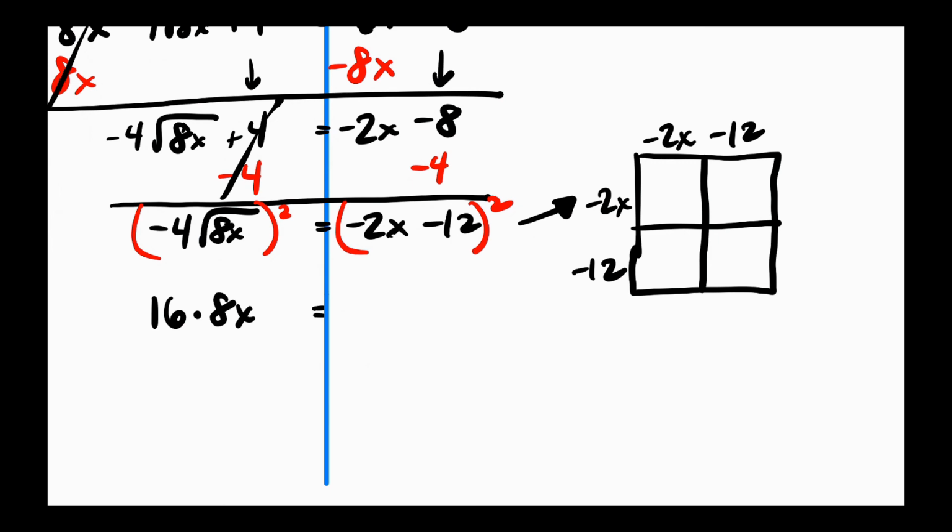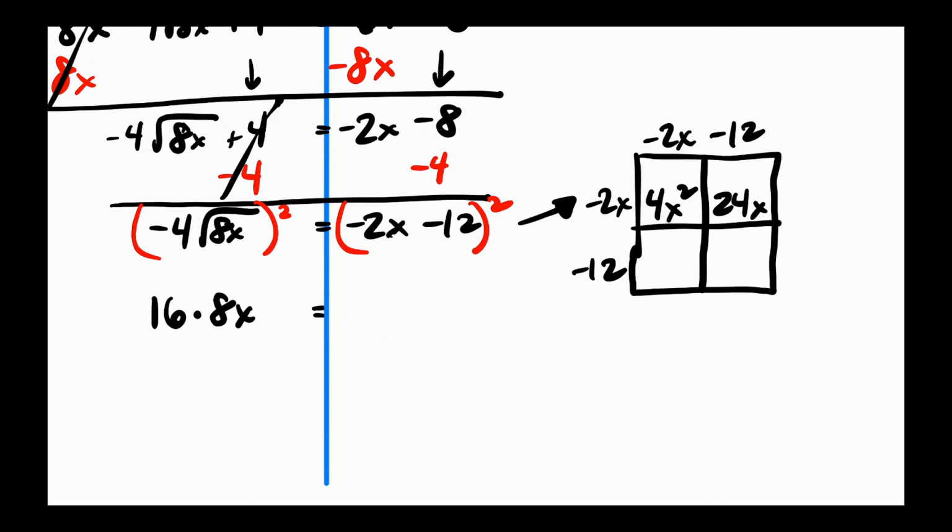Okay. So we have negative 2x times negative 2x. That's a positive 4, x to the second power. I have a negative 2x and a negative 12. That's going to make 24x. I have a negative 2x and a negative 12.